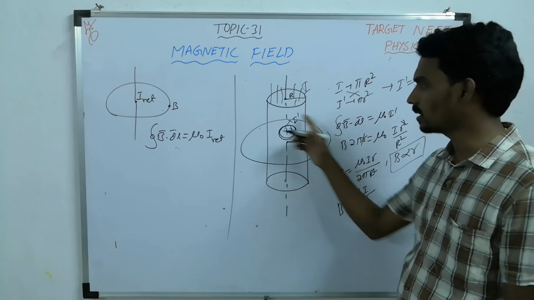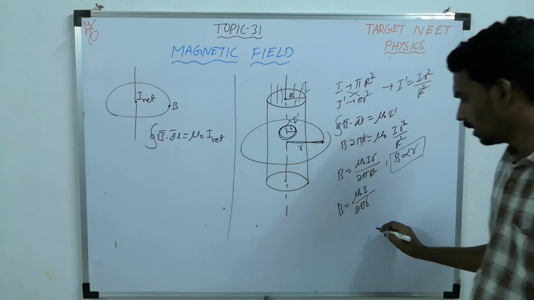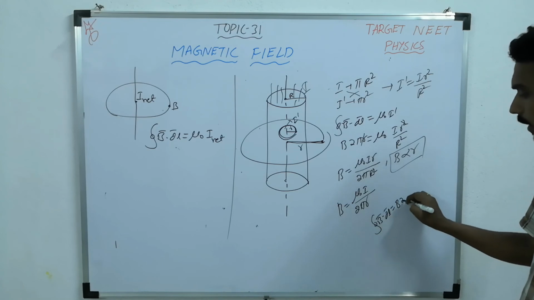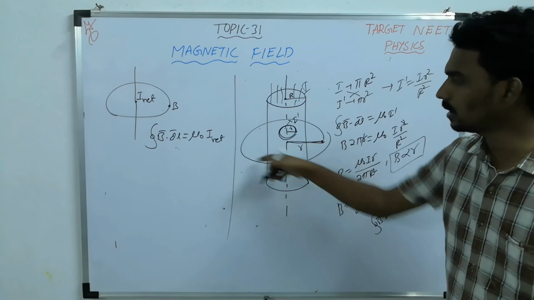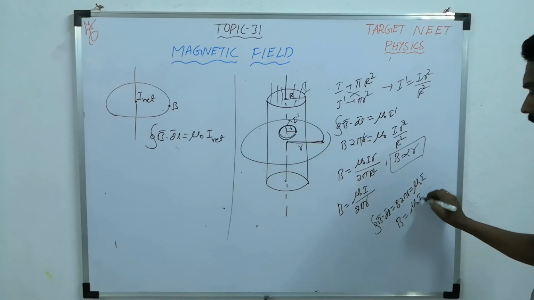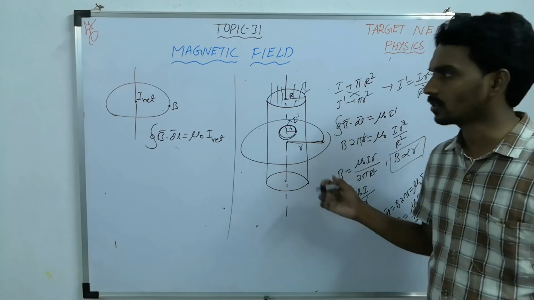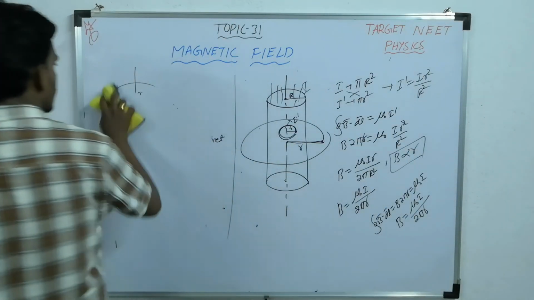Or else if you imagine an Amperian loop, then the integration of B dot dl equals B times 2 pi r equals mu naught times the net current within this. Total current I. Then B will become mu naught I by 2 pi r. So this is how you can solve the questions related to Ampere's law.